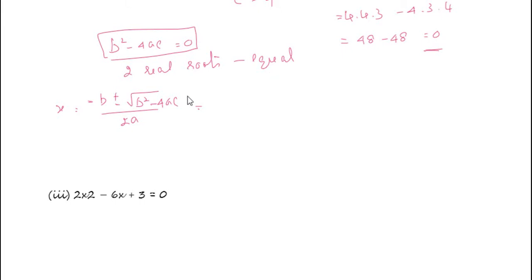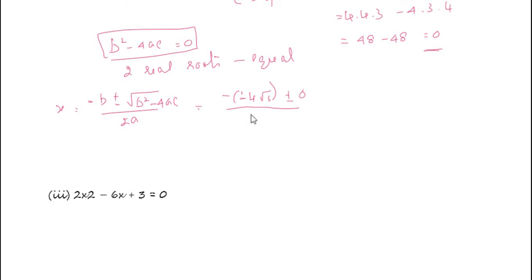Minus b is minus of minus 4√3, plus or minus, we know b² − 4ac is 0, so this is 0, divided by 2a.